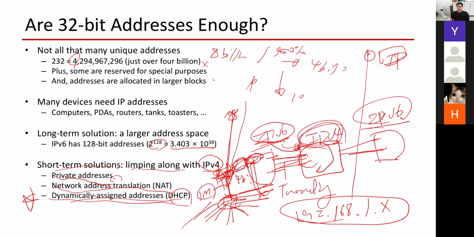IPv6 is a concept. Ten years ago we thought IPv6, oh, there's a solution. But you know what? In the end, IPv6 also gets depleted, because if you think about IoT, billions of devices are produced every year. Then what are you going to do?